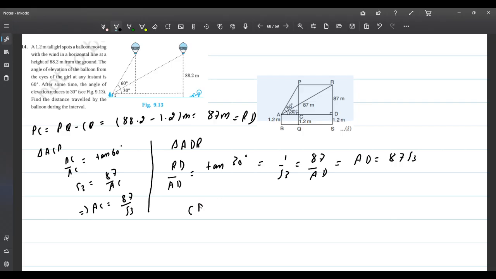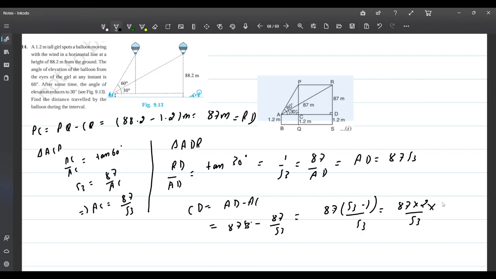Now CD is equal to AD minus AC. So this is equal to 87 root 3 minus 87 upon root 3. If we take out 87 common, what we have left is 87 into 2 upon root 3.